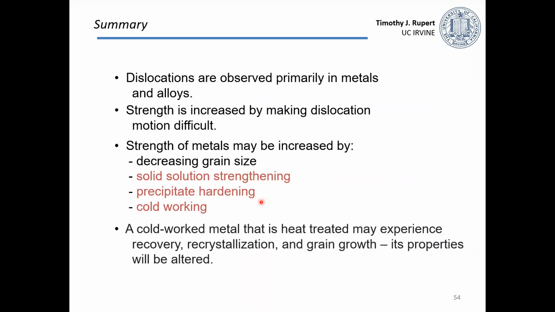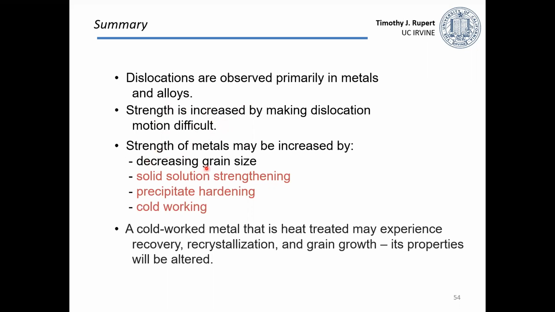So just to summarize, dislocations are what we see inside of metals and alloys, and these are what carry and cause that plastic deformation inside of these materials. If we want to increase the strength, we want to make it harder for plastic deformation to happen, and we do that by making it hard for dislocations to move. What we generally want to do is put in obstacles to dislocations.